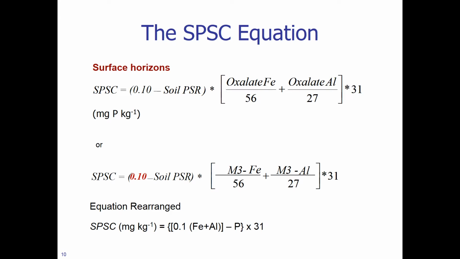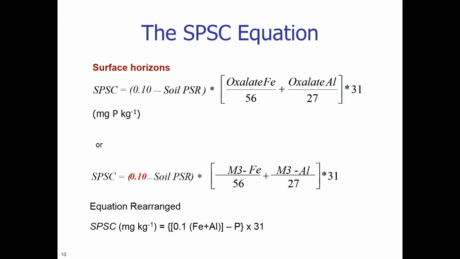Now let us come back to the SPSC equation. Remember, this is one of the new techniques, and we are trying to go back and look into how the technique can be used. We know the SPSC equation for surface horizons. It's simply the difference between the threshold PSR of 0.1 and the PSR of the soil, multiplied by oxalate iron plus aluminum expressed in moles, and multiplied by 31 to bring the value of SPSC to milligrams P per kilogram of soil.